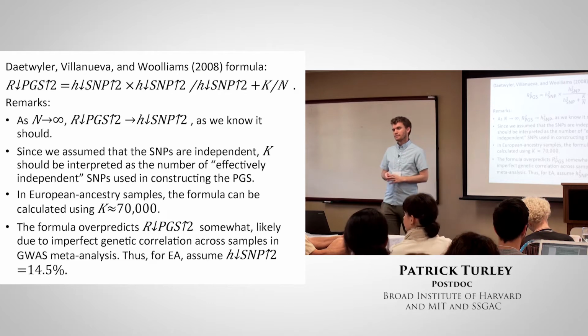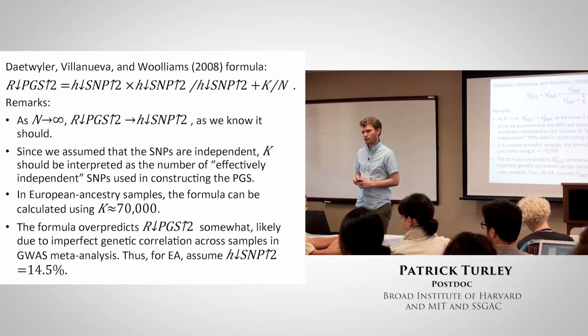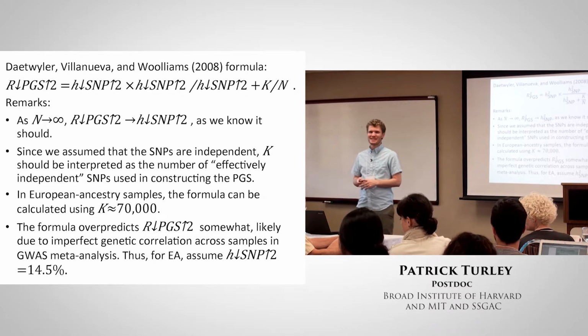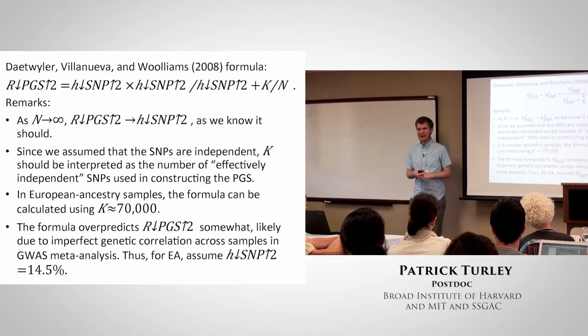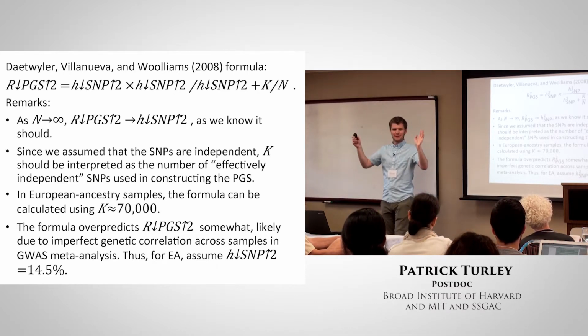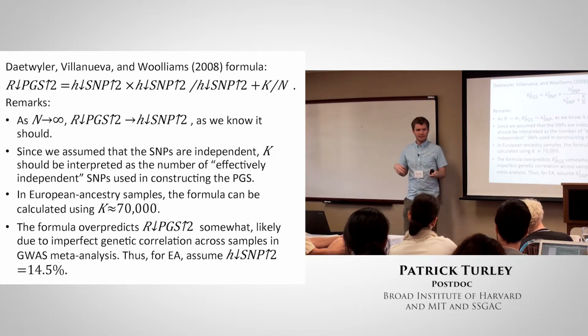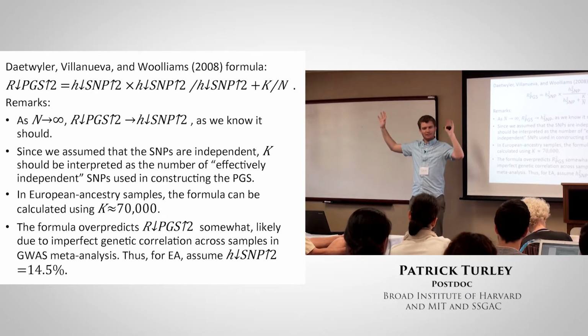Is this also a problem if you are predicting a cohort that's related to your discovery? Yeah, this is the question I was going to ask next. Let's say you have a family sample, a bunch of twins. Because these twins are related, you want to split your sample so that you have a discovery sample to make your score and a replication sample.